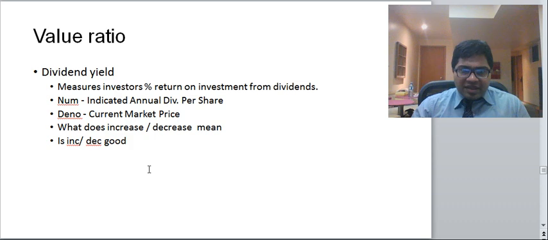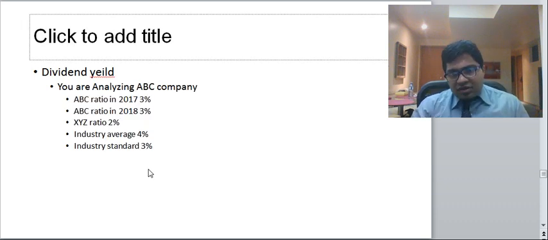Dividend yield measures investors' percentage return from dividends. In the numerator you have dividend paid and in the denominator you have current market price. An increase is generally considered to be good, but again with dividends you have to be careful. Why is the increase there? So you are analyzing dividend yield.